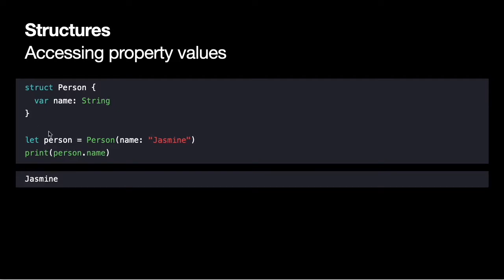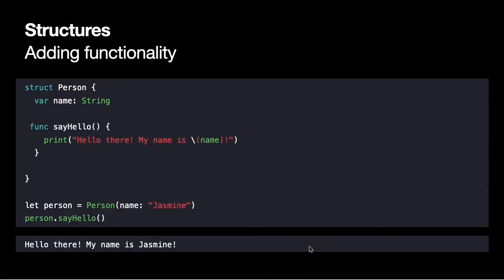This person is lower camel case, and because identifiers are case sensitive, this is of course different from the type. And then we can access the members of the struct by just using the dot syntax. So we can print person.name, and it prints out Jasmine.